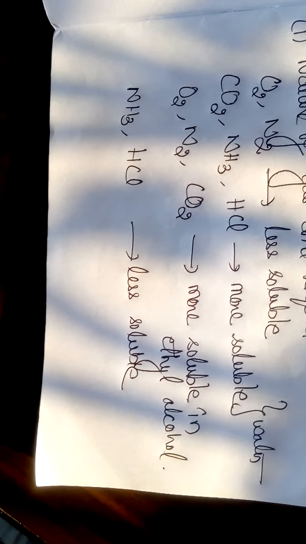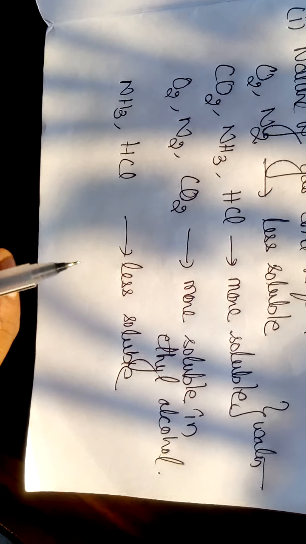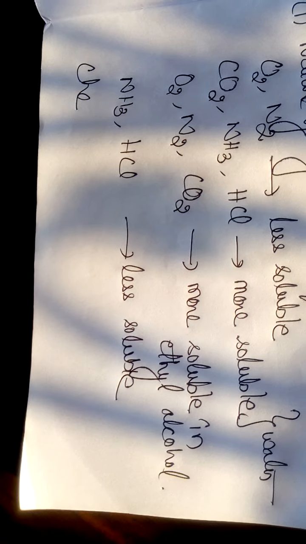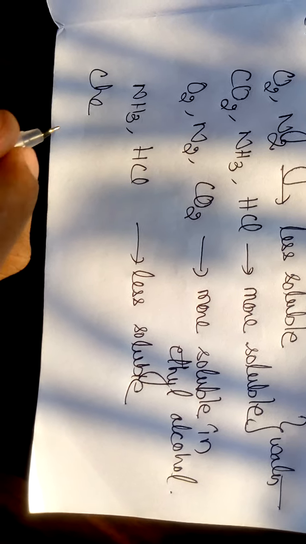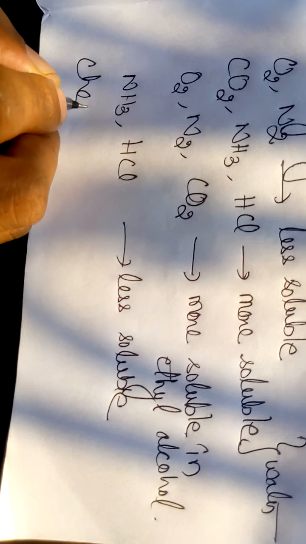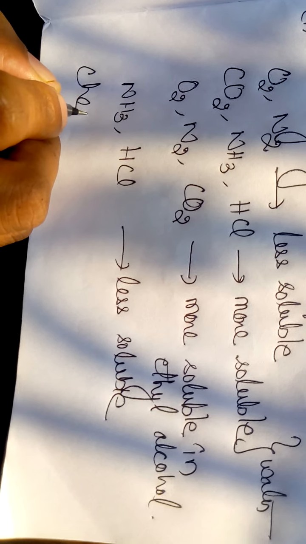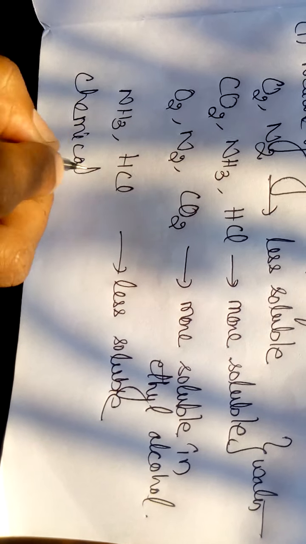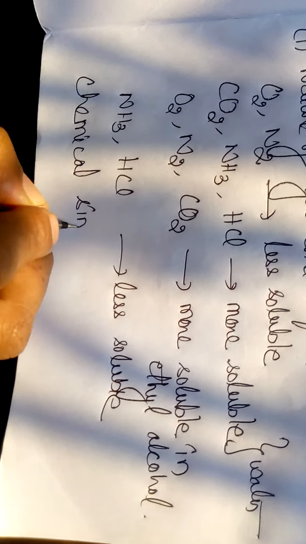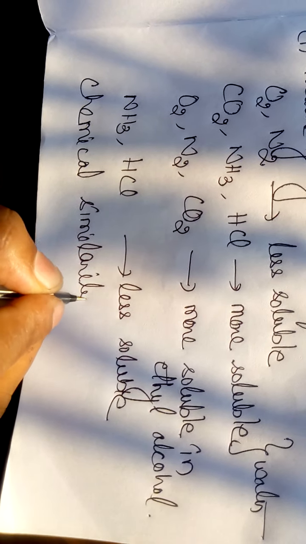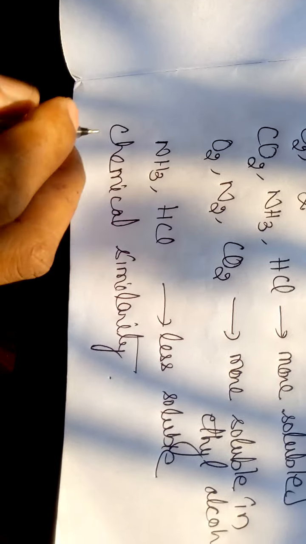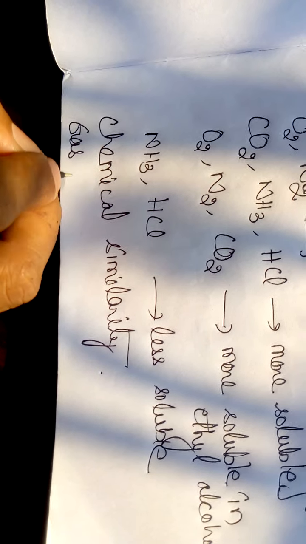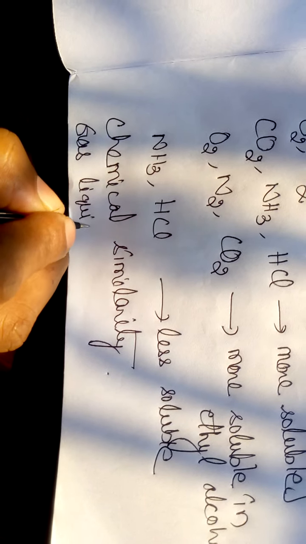So it is concluded that if there is chemical similarity between the gas and the liquid, then the gas is more soluble in the given liquid. That means the gas and the liquid should be chemically similar. It is also found that the gases which are easily liquefied are more soluble.